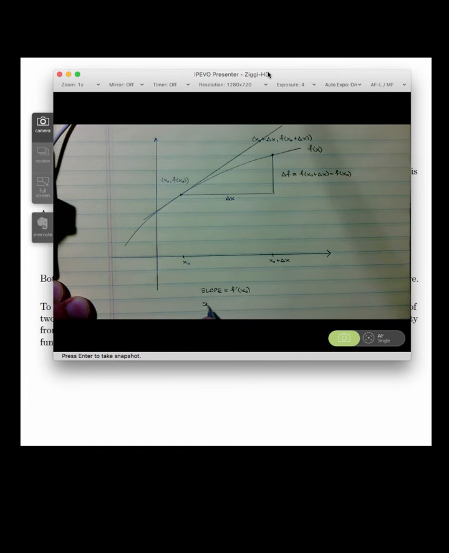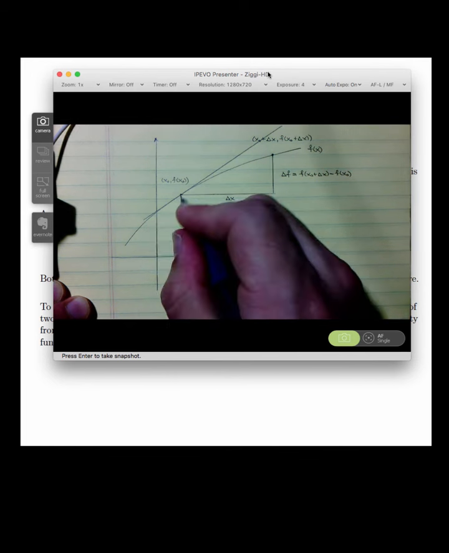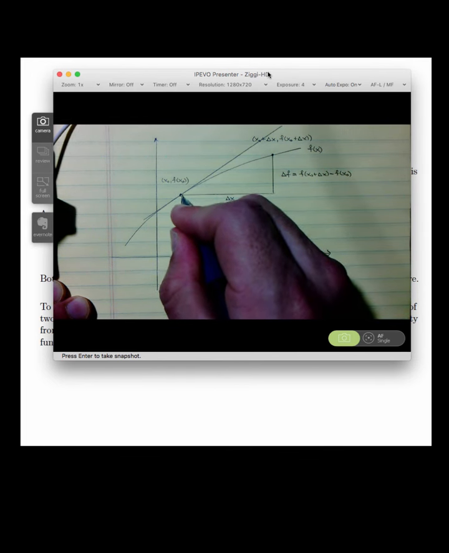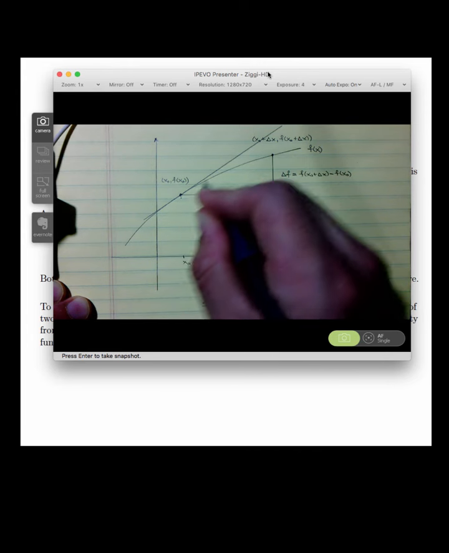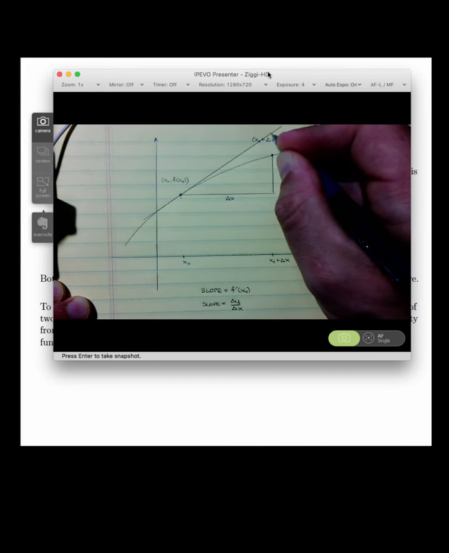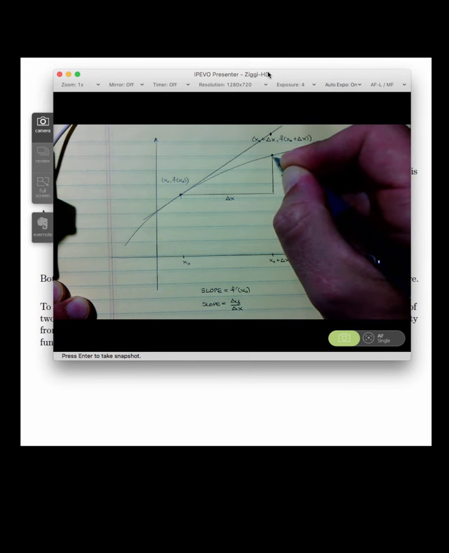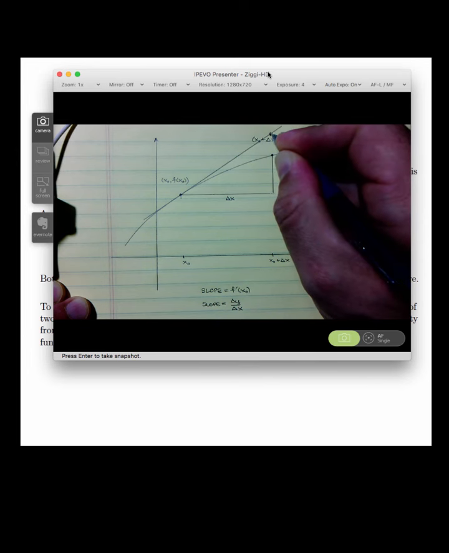Alternatively, the slope can be obtained by looking at the change in y's over the change in x's, given that we know 2 points on the line. Well, here's 1 point on our line, x0, f of x0, and a second point on our line can be this point up here, just above the given point on the graph of our function.